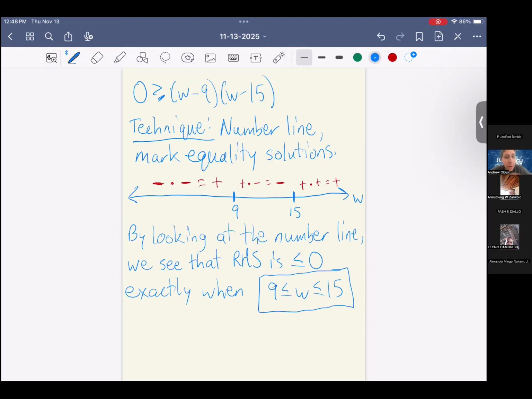And so this is what we want, right? We want the area to be greater than or equal to 135. That's going to happen exactly when the width is between 9 and 15.